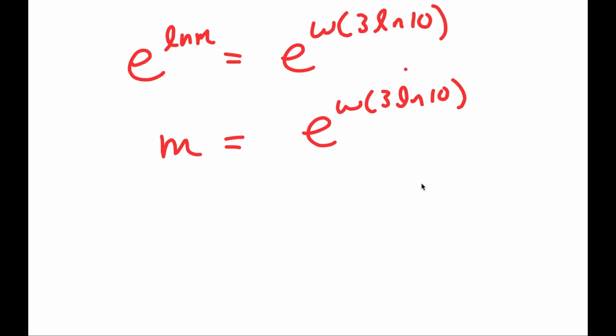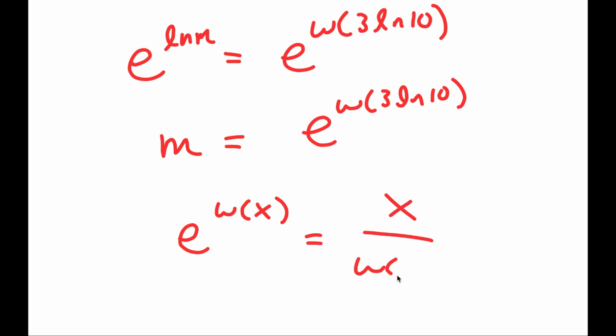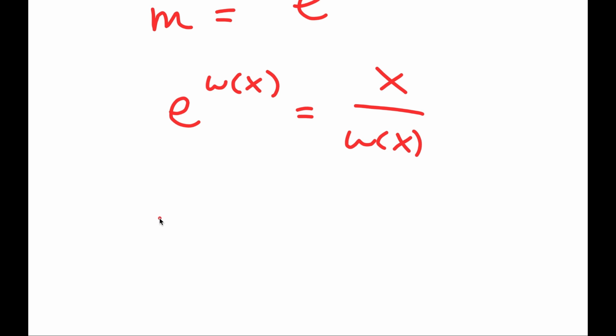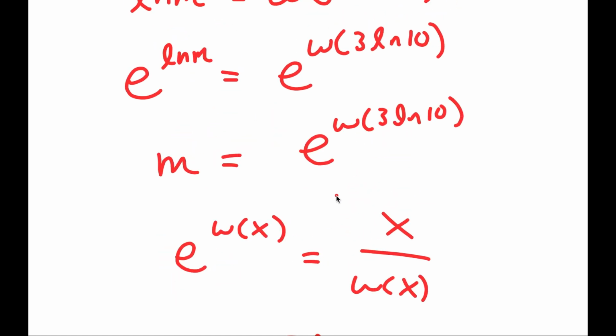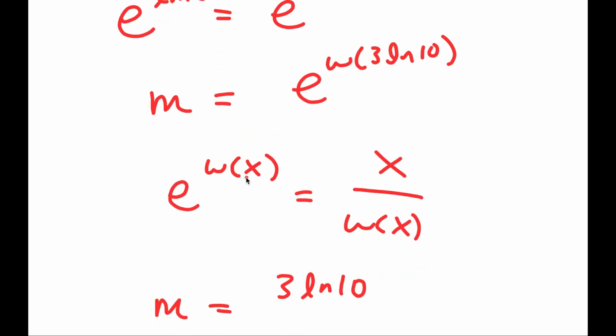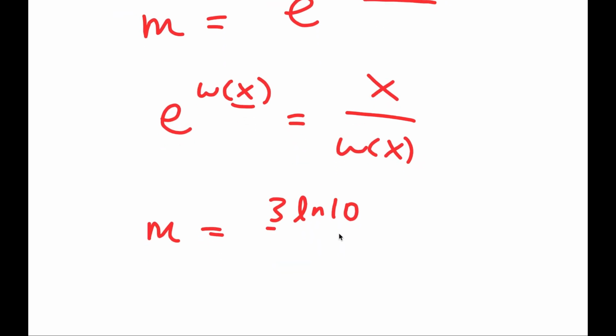And now, if I have something in the form e to the power of W of x, this is equal to x over the W of x. So this is going to equal 3 times ln of 10, which is the value of x, over the W of 3 times ln of 10.